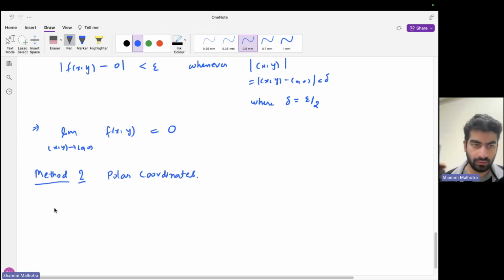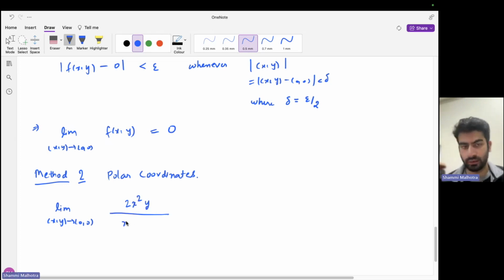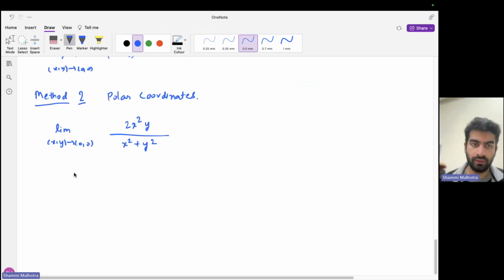So we would like to consider this limit as (x,y) tends towards (0,0) of 2x square y, whole divided by x square plus y square. I can transform this into polar form. So I will take x equal to r cos theta and y equal to r sine theta.